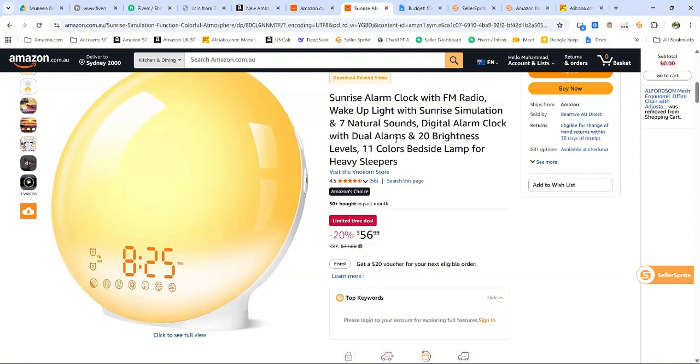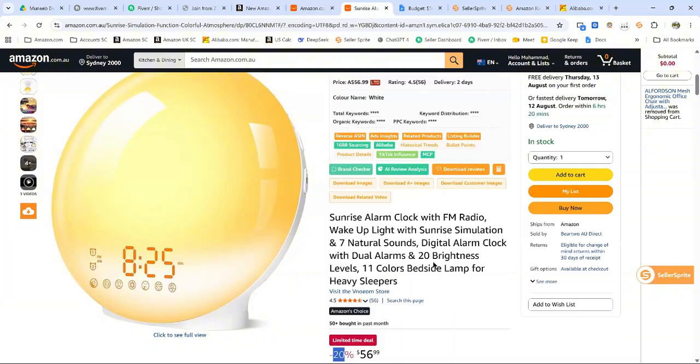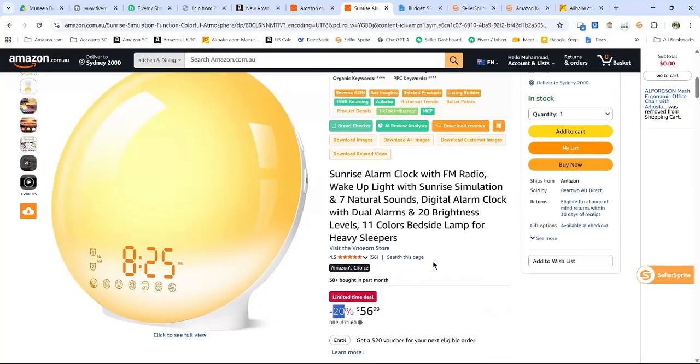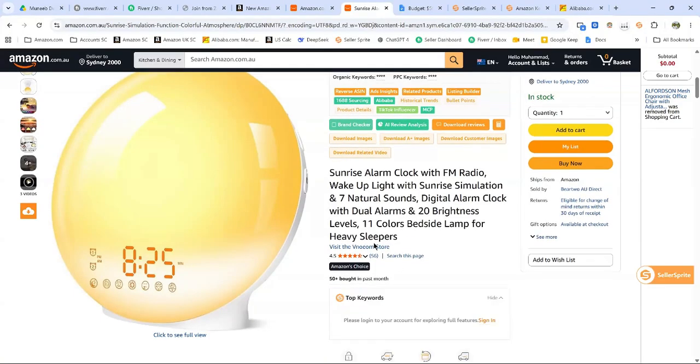But let's say our target price was 15 and we got 25 from suppliers, and none of the suppliers are lowering their price to our target. Then obviously we need to skip this product, even though we wasted our time and energy. It's better to move on and select another product.